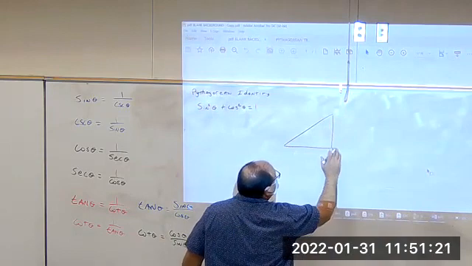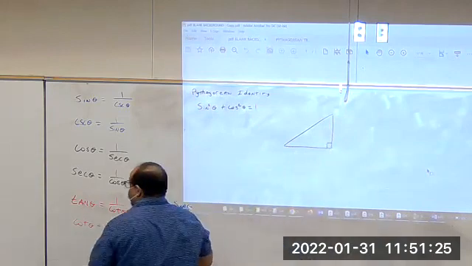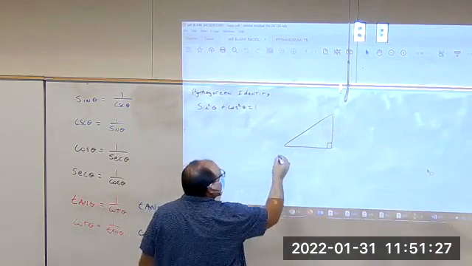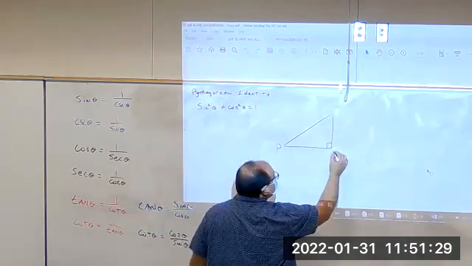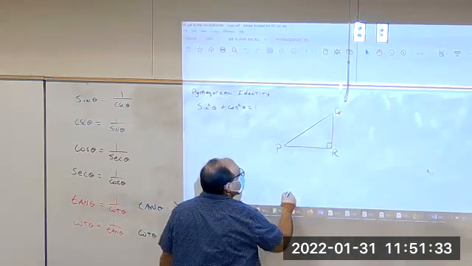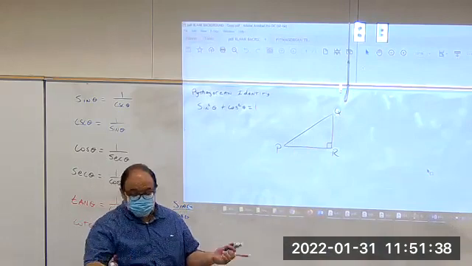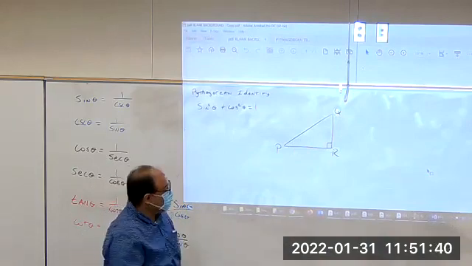So here's my right triangle. And I actually drew part of it over there. So this is angle P, this is angle R, this is angle Q. Now, this is how you label a triangle when you do geometry or trig.